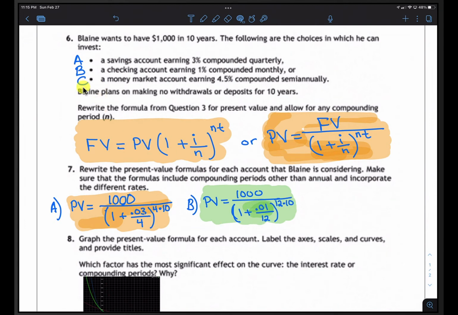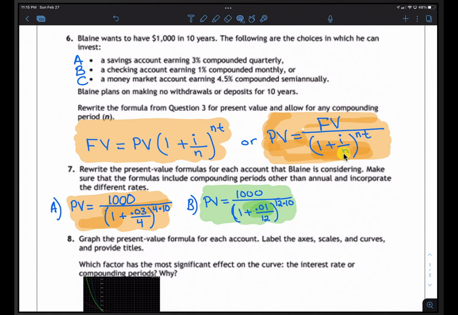And finally, account C. That's a money market account. It's earning 4.5% and it's compounded semi-annually. So the 4.5%, that means you're going to change the interest rate to a decimal. That would be 0.045. Future value is still 1,000 up here at the top. And n, well, semi-annually is twice a year.